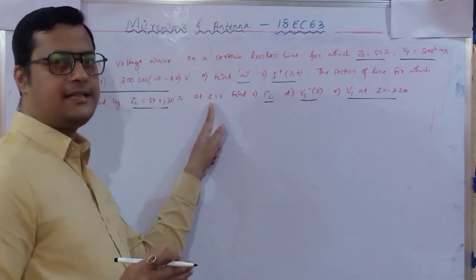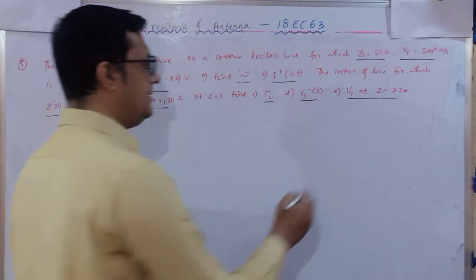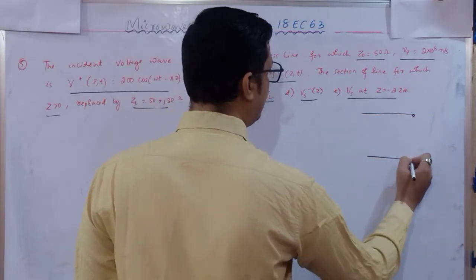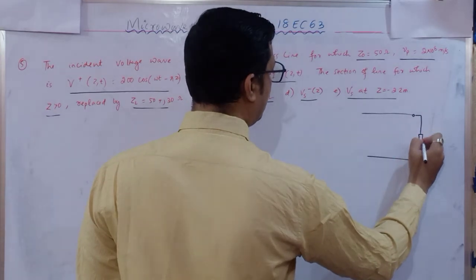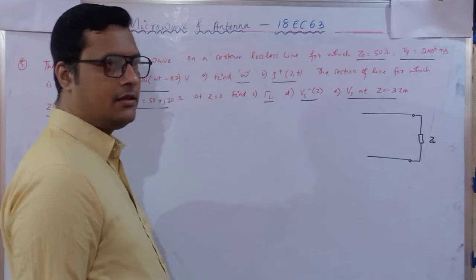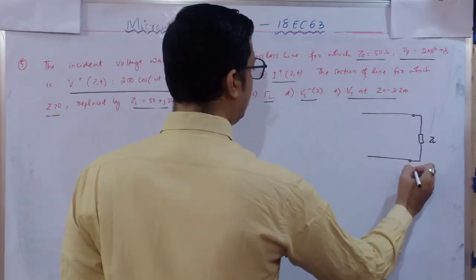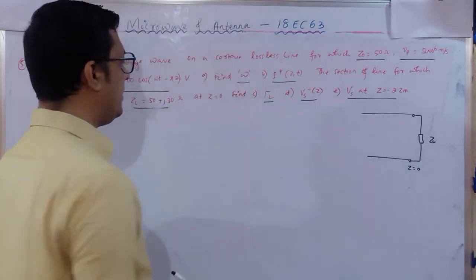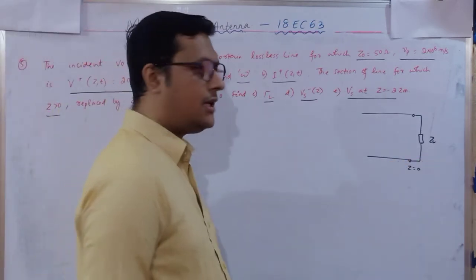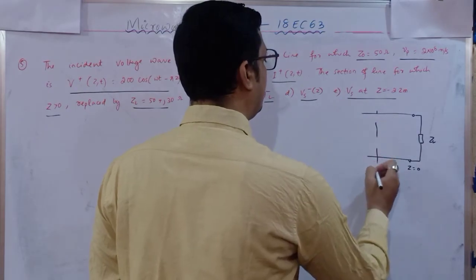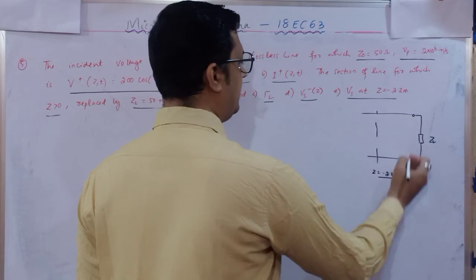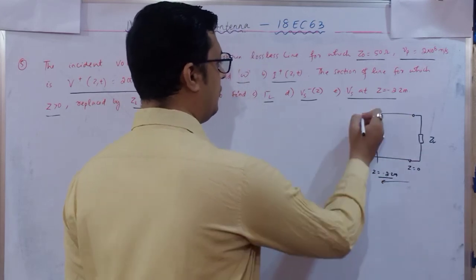Your source is present at a distance of 2.2. Suppose this is my 2-wire line. Understand this, then it will be easy to represent. This is my load. If this is my load, z equals 0 I am considering, because the reflection coefficient is calculated at ZL. Now z equals minus 2.2 meter means toward this direction where the source is present.